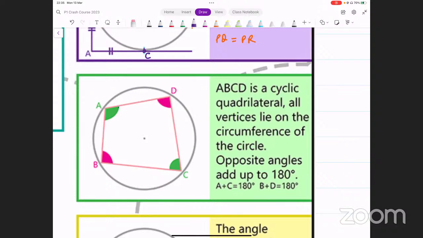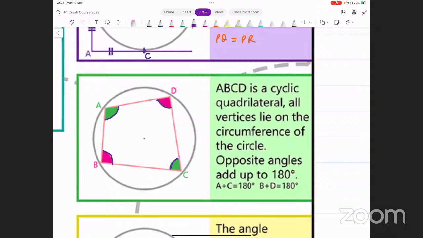So angles A and C, if you were to add them up, the sum is going to be 180, and angles B and D, if you were to add these two angles up, the sum would be equal to 180 as well. So the opposite angles are supplementary, their sum is 180 in a cyclic quadrilateral.